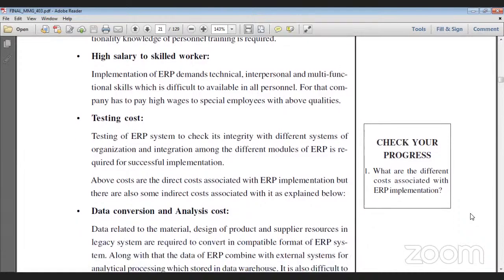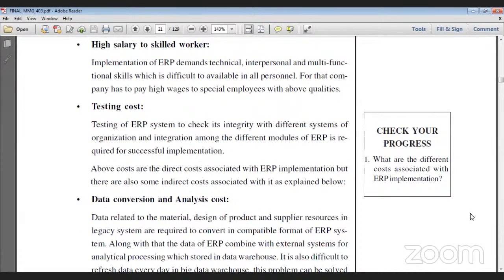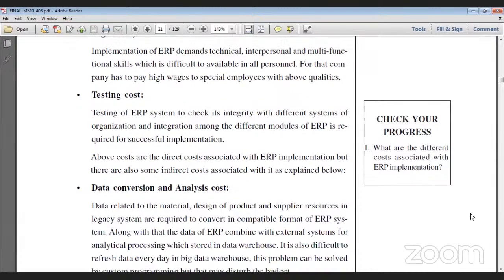The first one is data conversion and analysis cost. Data related to material, design of product, and supply resources in the legacy system are required to be converted into a compatible format for the ERP system.